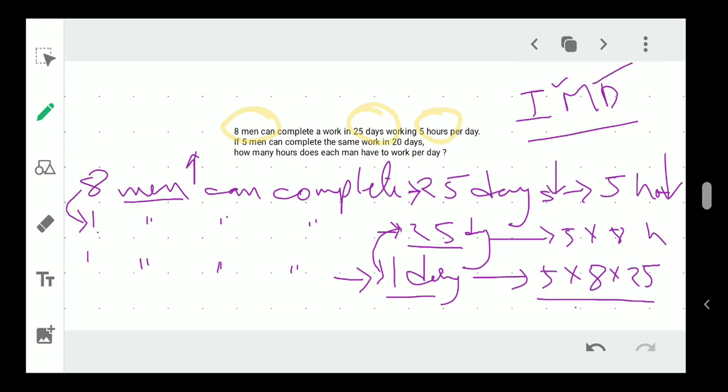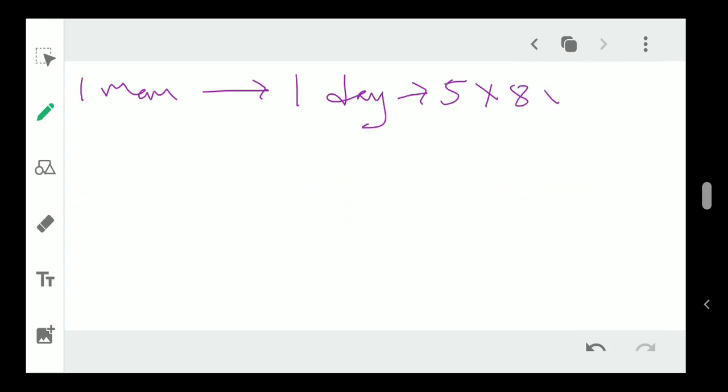Now when I divide, see, the question is if 5 men can complete the same work in 20 days, so I have to do it for 5 men and for 20 days. So how much have I gotten here? I have gotten that one man, working for 1 day, needs 5 into 8 into 25 hours.